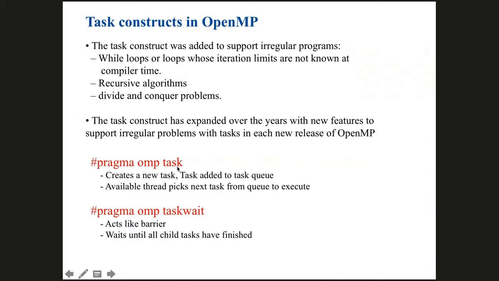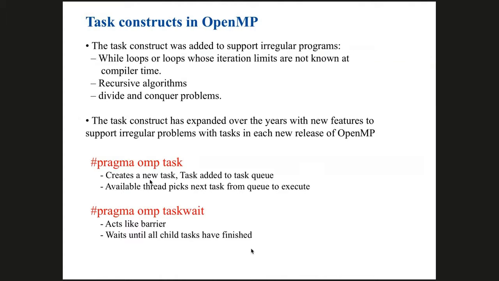The task construct creates a new task, and the task is added to the task queue. Available threads pick up the next task from the queue to execute. And then taskwait acts like a barrier. It waits until all the child tasks have finished.